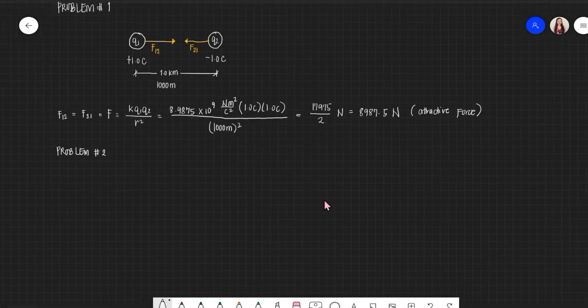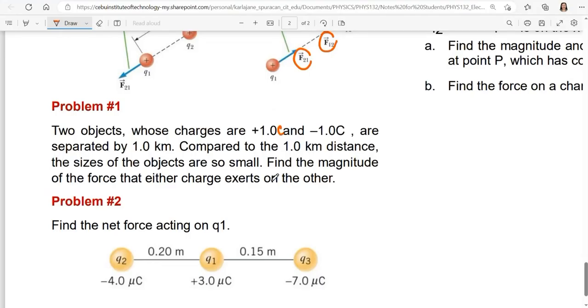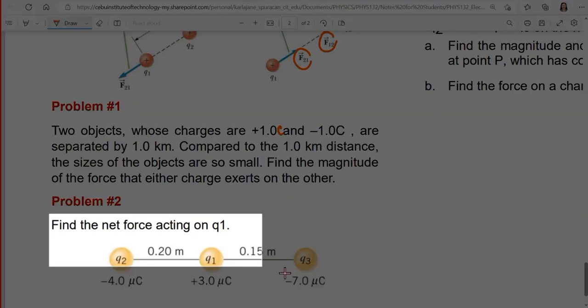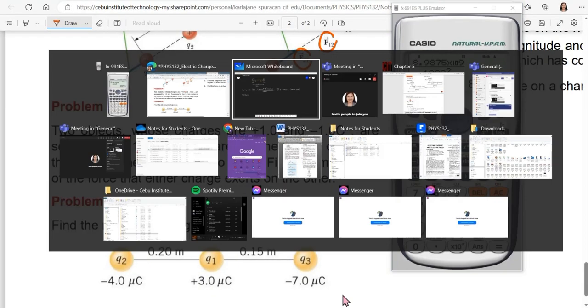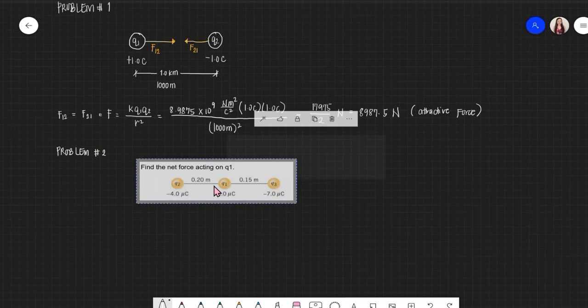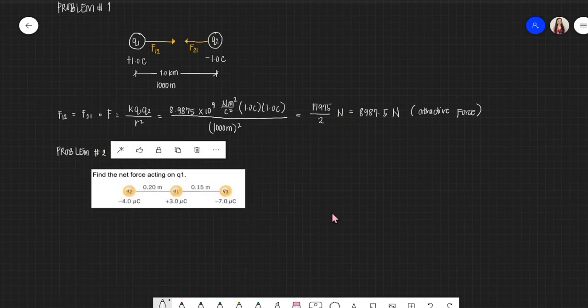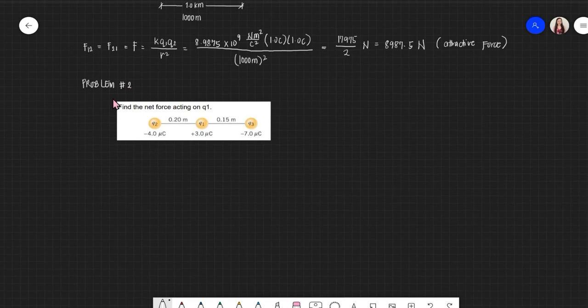So for problem number 2, we have 3 charges, and we are to find the net force acting on Q1. Okay, so for this one, Q2 exerts a force on Q1, and Q3 exerts a force on Q1. So this is 2, this is 1, this is 3.